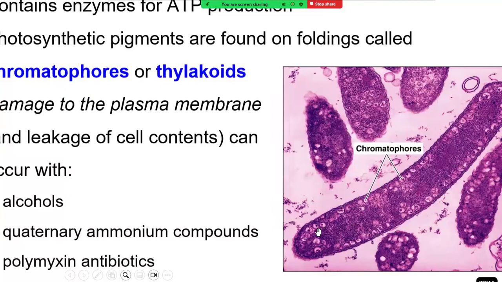So here we have the cell membrane, and it comes like this, and then has a fold, and then it goes like that, and there's another fold here. And then we're not seeing it here, but there's a fold here, and then there's the next fold here. So this is actually coming around here, but we're not seeing that one. And then there it goes there, and there's its mother fold. And there are the folds in the plasma membrane, which contain the photosynthetic pigments.